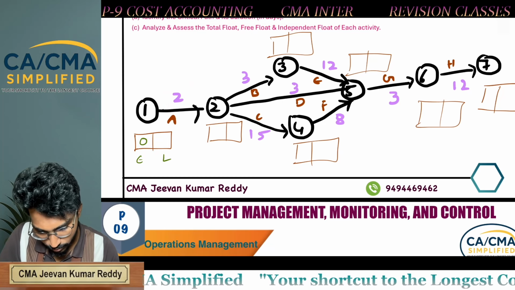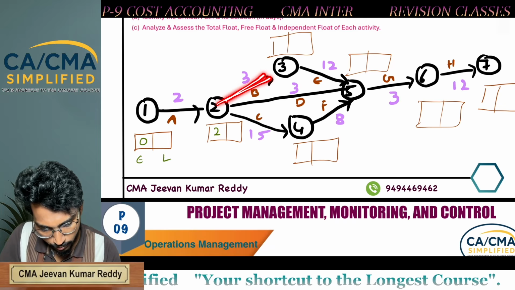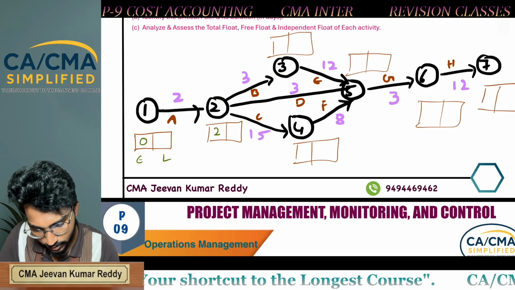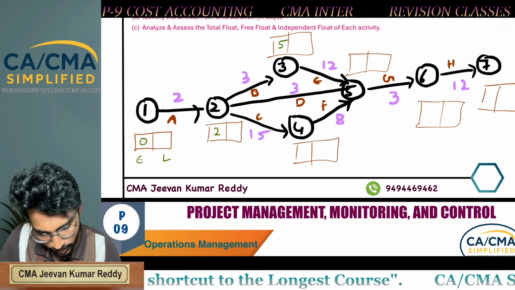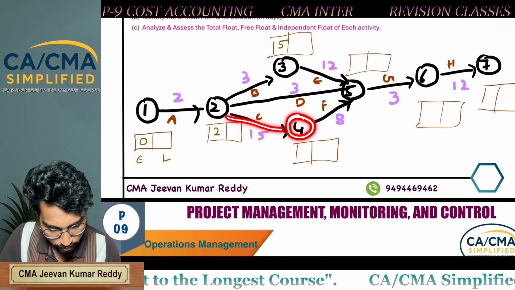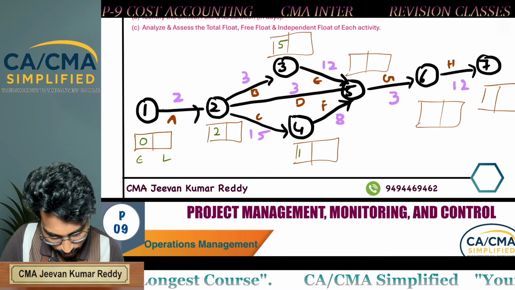So 0 plus 2, that is 2. If you see here, how many paths are leading to this particular event? Only one path. 2 plus 3, that is 5. Next, how many activities are leading to this particular event? Only one, that is 2 plus 15, that is 17.